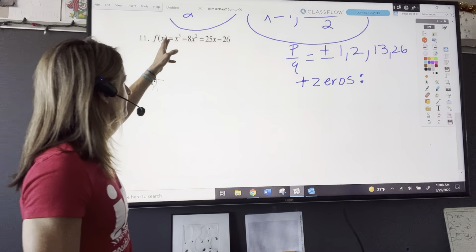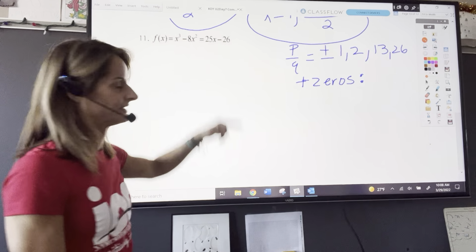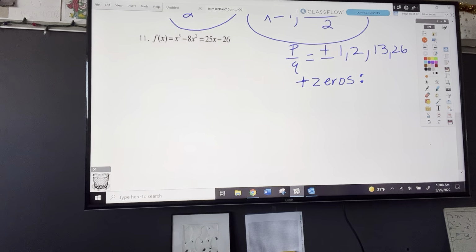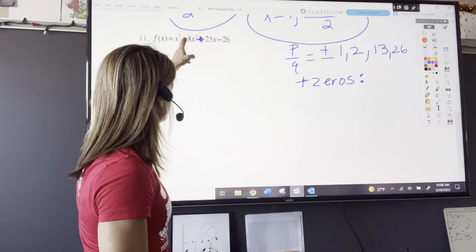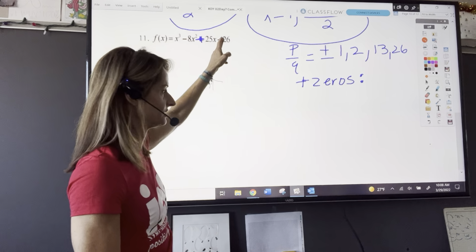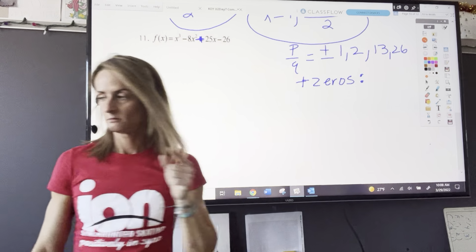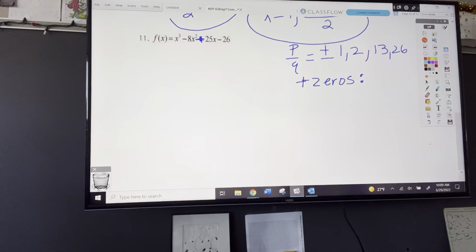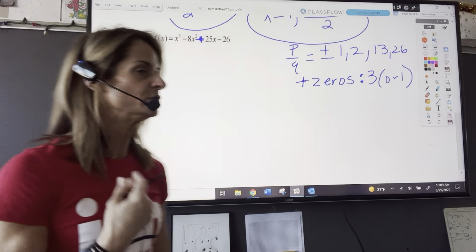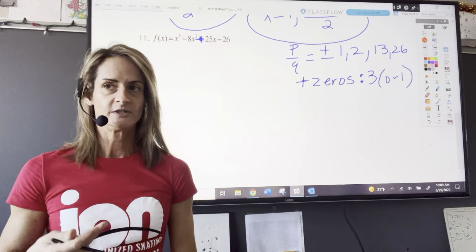We have from plus to minus, that's 1 sign change, then 2 sign changes, 3 sign changes, which means we have 3 or 1 positive zeros. I'm going to write 3, because they come in pairs, or 1 possible zeros. We know that there's at least one.